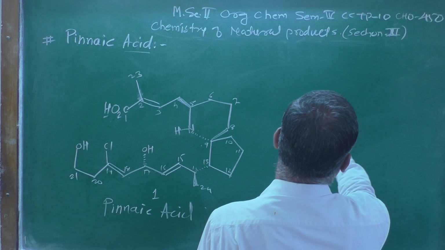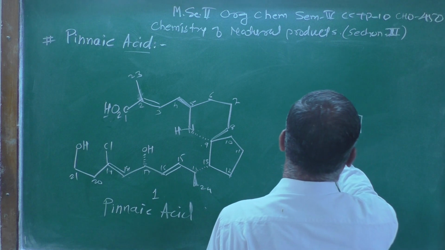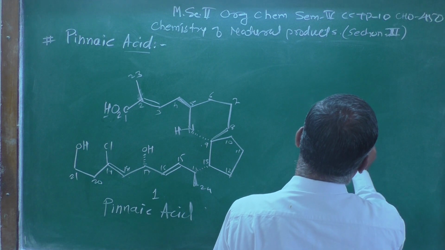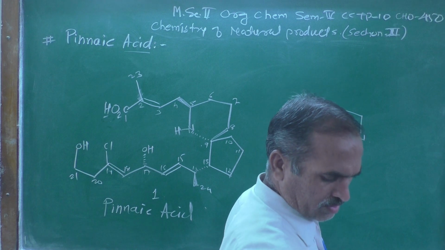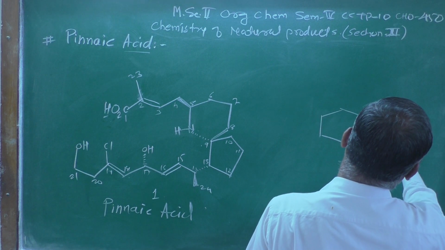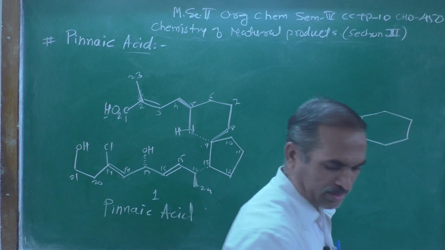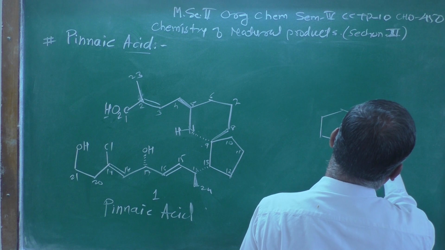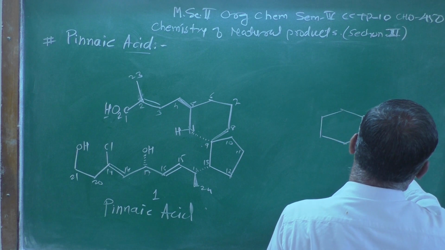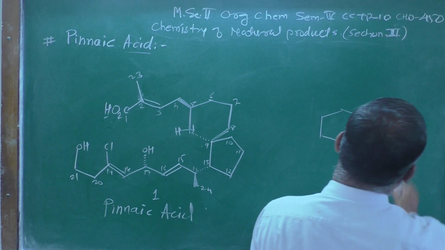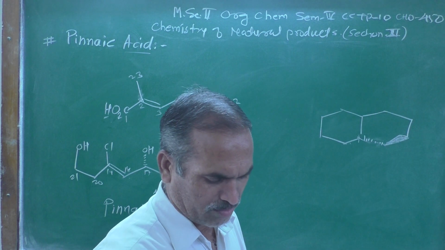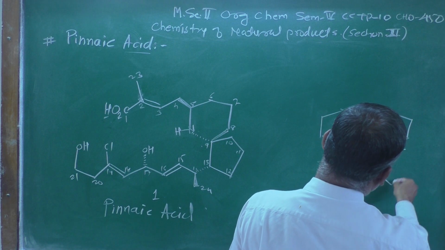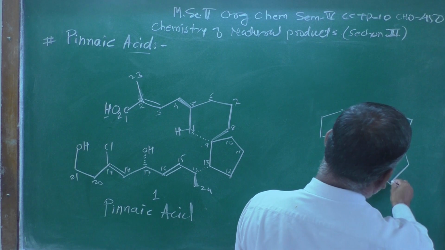You can see the other structure which I am drawing here, which is a 6-membered ring further attached to a 6-membered ring, where you can show a bond like this, and this is a solid or thick bond. Now, there is a 5-membered ring attached to this, just shown over here.